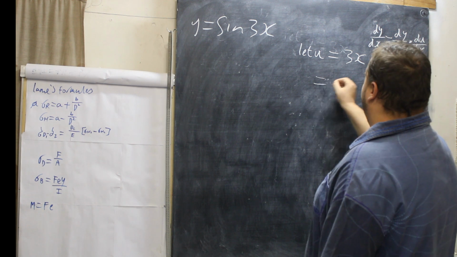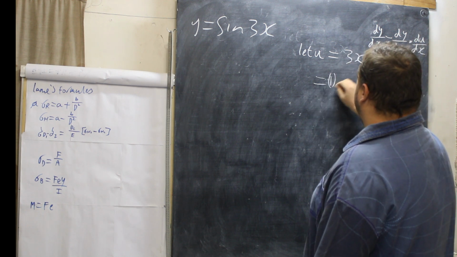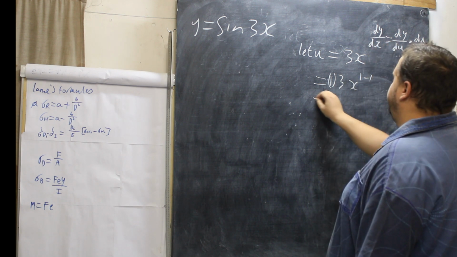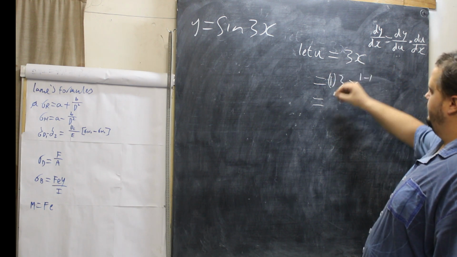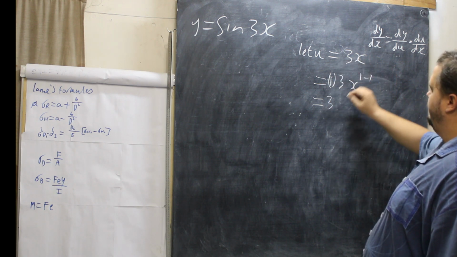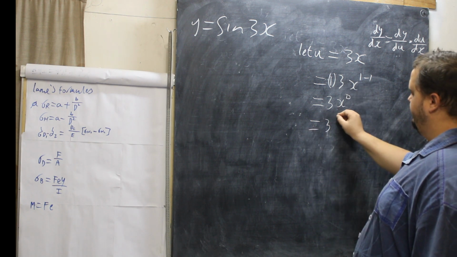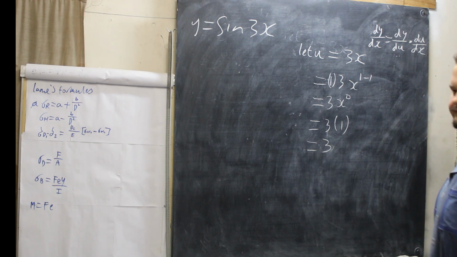So let's go again. 3 times x to the 1 minus 1. So we are left with 3 times 1 is 3, x to the 0, which equals 3 times 1, which equals 3.